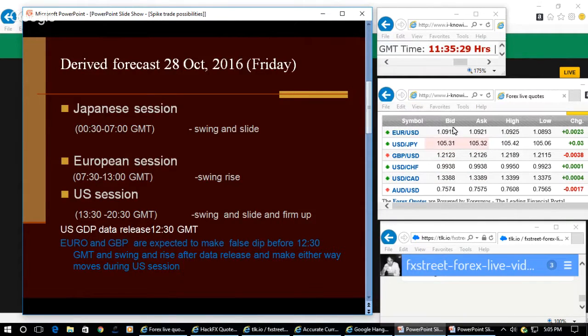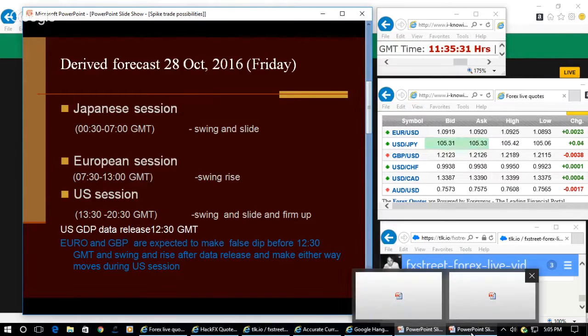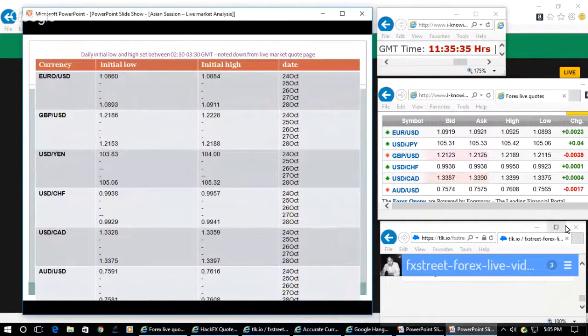Now we will do the market reading with the help of the initial lows and highs that I noted down around 3:30 GMT, which I showed during the Asian session live market analysis. Euro formed the initial low of 1.0893 and the high was 1.0911.